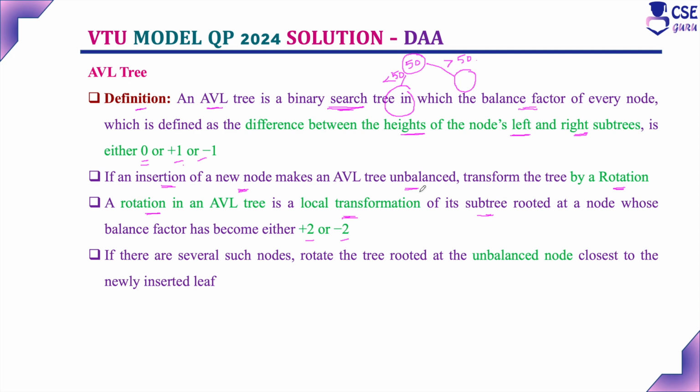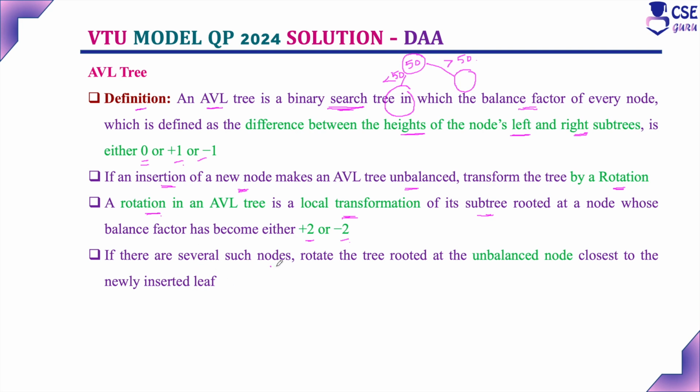To convert it into an AVL tree, it has to satisfy the balance factor, so we apply a rotation when the balance factor becomes +2 or -2 during insertion. Rotation is a local transformation to convert an unbalanced binary search tree into a balanced one.